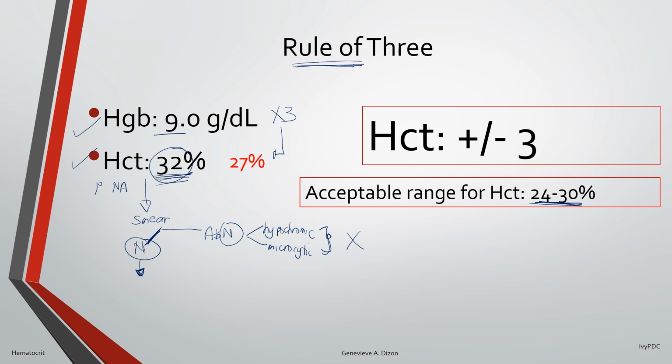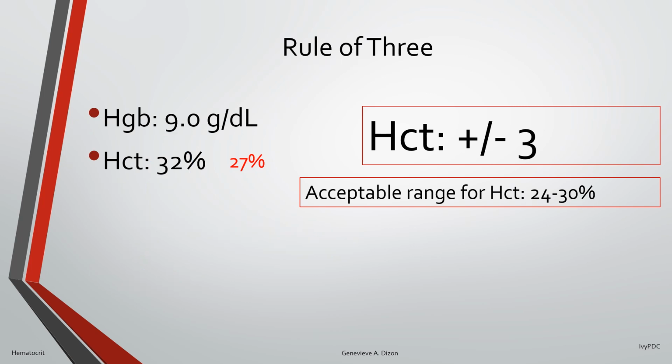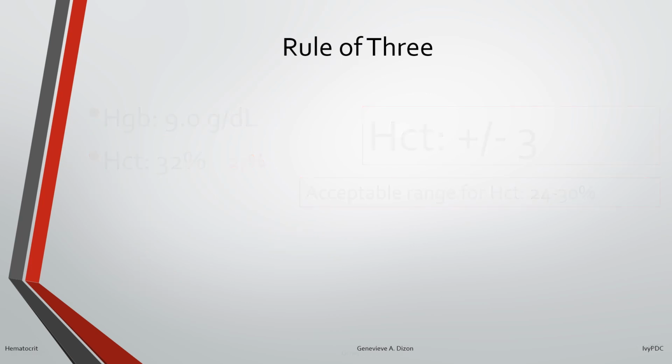So what do you do next? You have to investigate the possible causes of a false increase or a false decrease of the hematocrit. So in this case, it is a false increase of hematocrit.